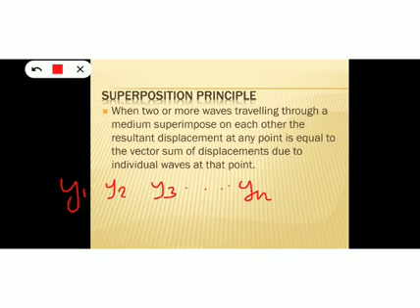Then according to the principle of superposition, the resultant displacement y is equal to y1 plus y2 plus y3 plus etc. plus yn. So this is the superposition principle. When two or more waves traveling through a medium superimpose on each other, the resultant displacement at any point is equal to the vector sum of displacements due to individual waves at that point.